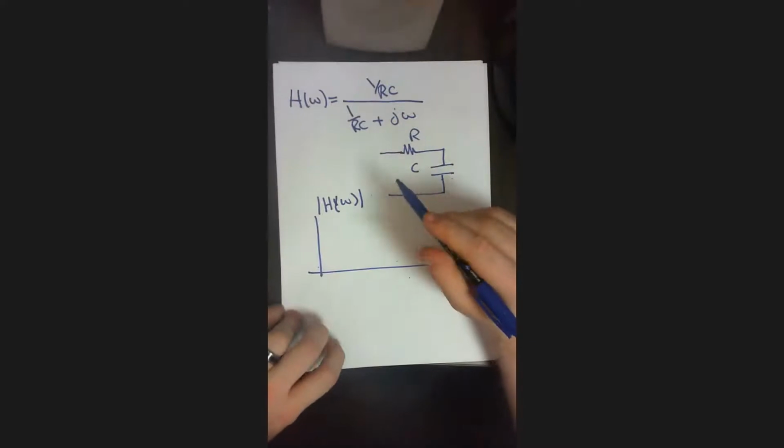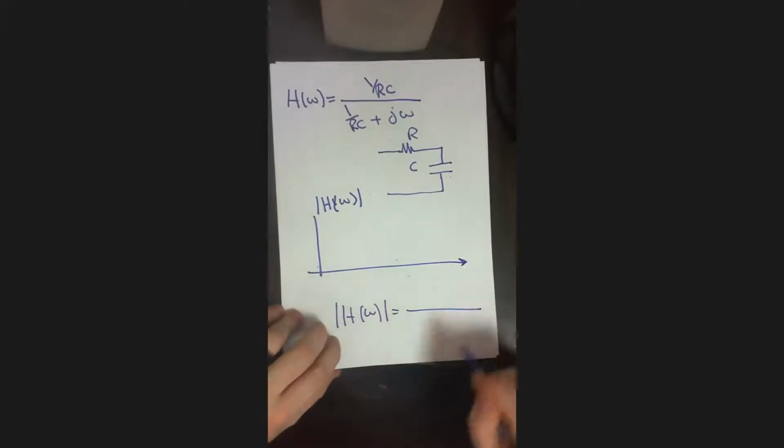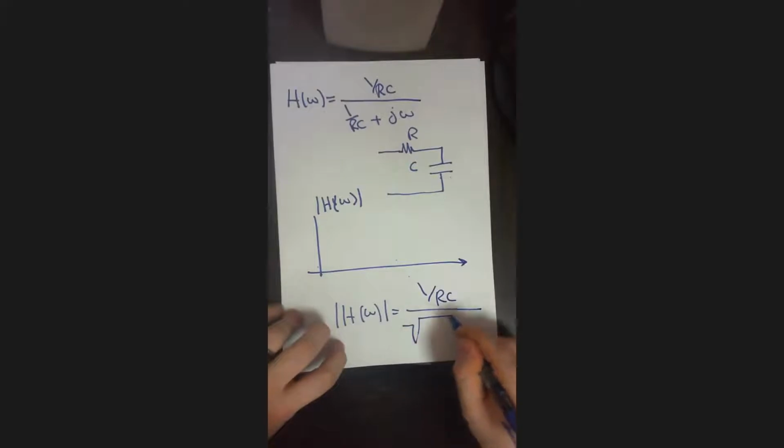The absolute of h of omega is simply 1 over RC over the square root of 1 over RC squared plus omega squared.